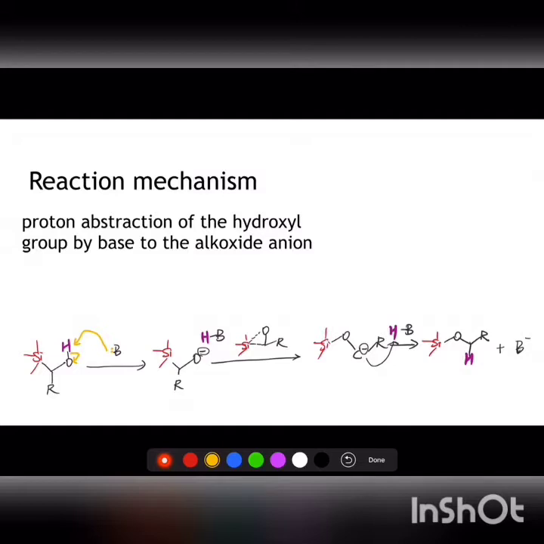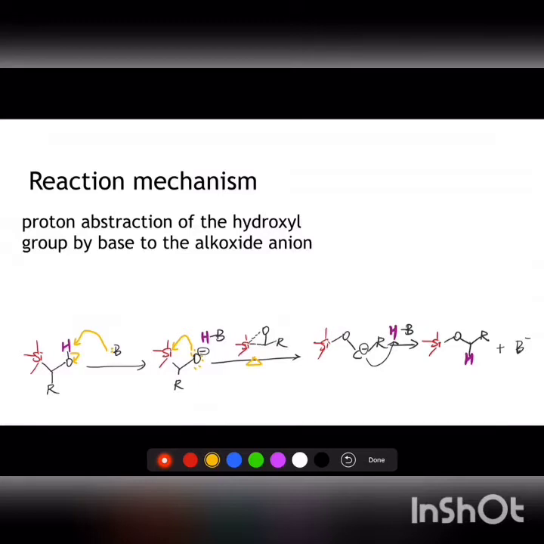So there are 3 lone pairs on the oxygen, and the oxygen with a positive charge will attack this silicon atom, and then we have a transition state. It's a 3-membered ring, right?